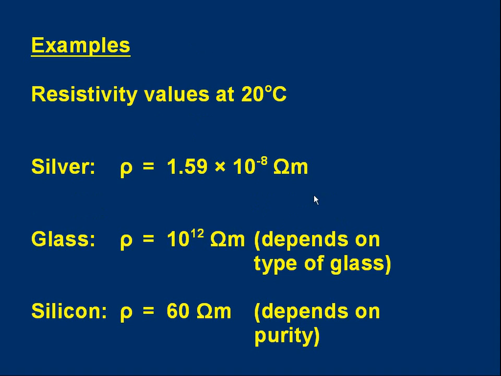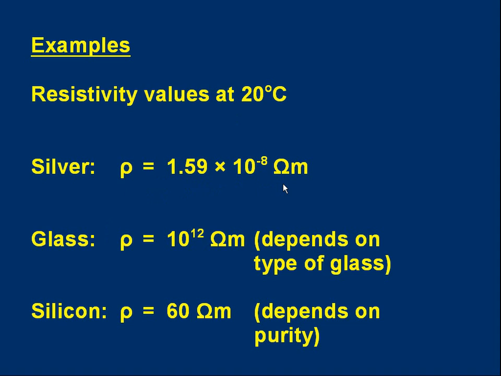Here are some examples. Now, resistivity varies with temperature. Things increase or decrease their resistance as they get hotter or colder. So the resistivity of a material depends on its temperature. So strictly speaking, you should say what the temperature is when quoting a value of resistivity. For silver at 20 degrees C, it's this value, 1.59 times 10 to the minus 8 ohm meters.